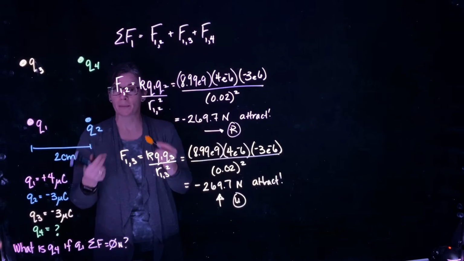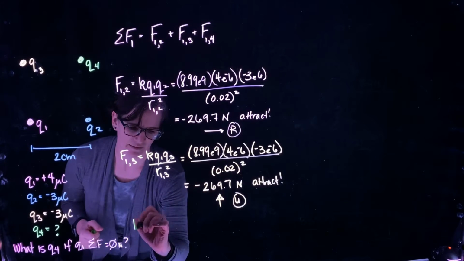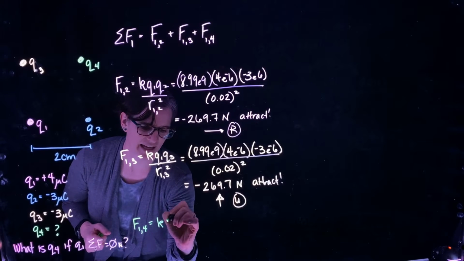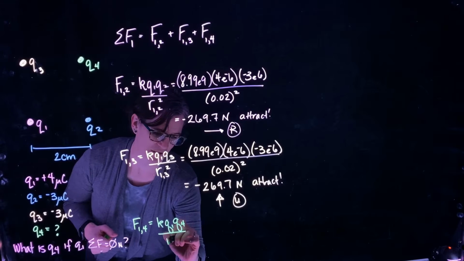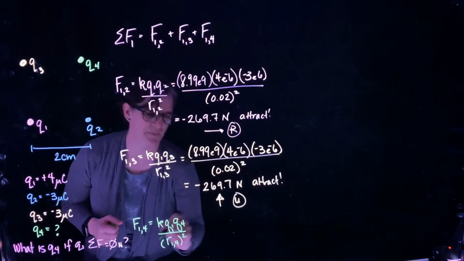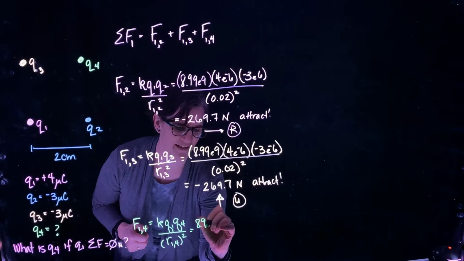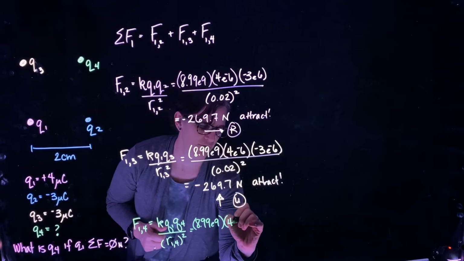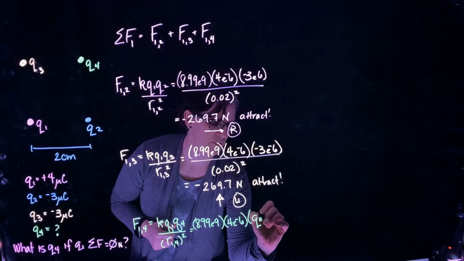Well, what about Q4? The force of 1 and 4. Well, that's K, Q1, Q4, over the radius between 1 and 4 squared. It's the same process. 8.99 times 10 to the 9th is our K. Q1 is 4 times 10 to the minus 6th. I don't know Q4.